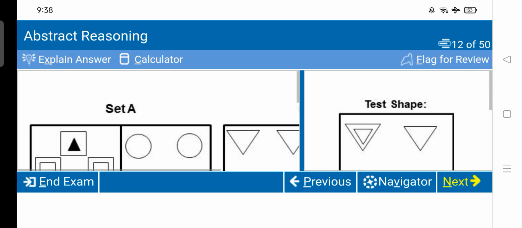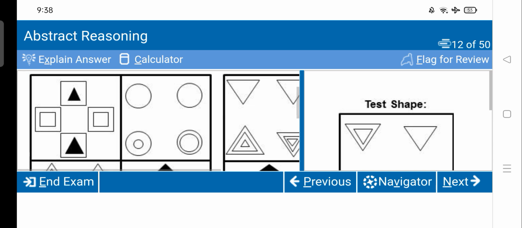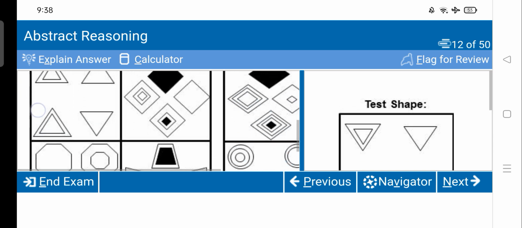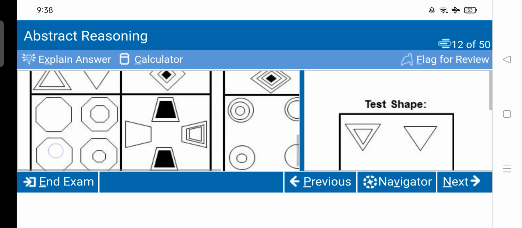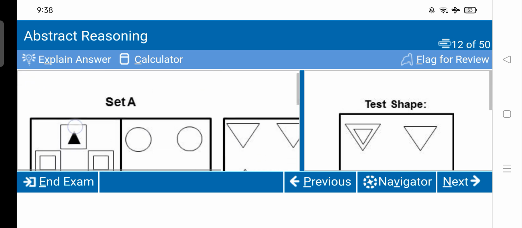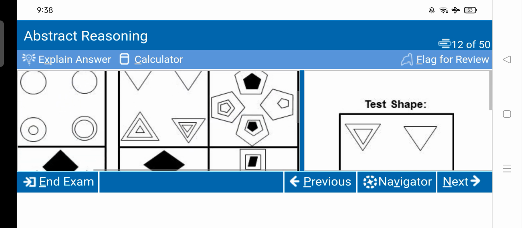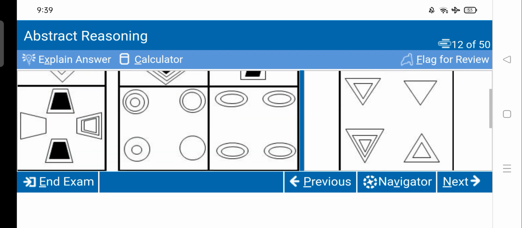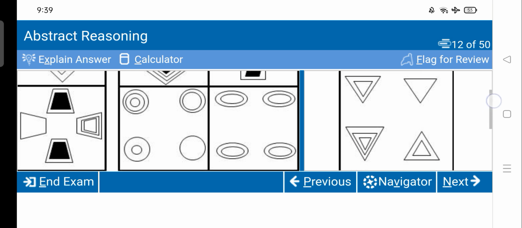Next we have question number 12 with these shapes in set A. And then we have set B. This is the test shape we have.